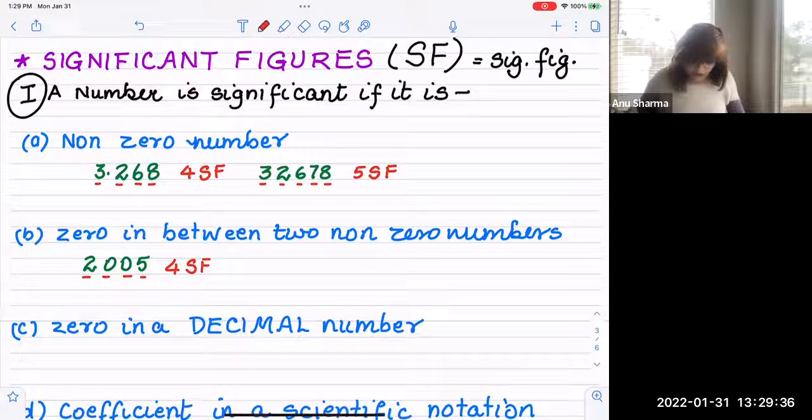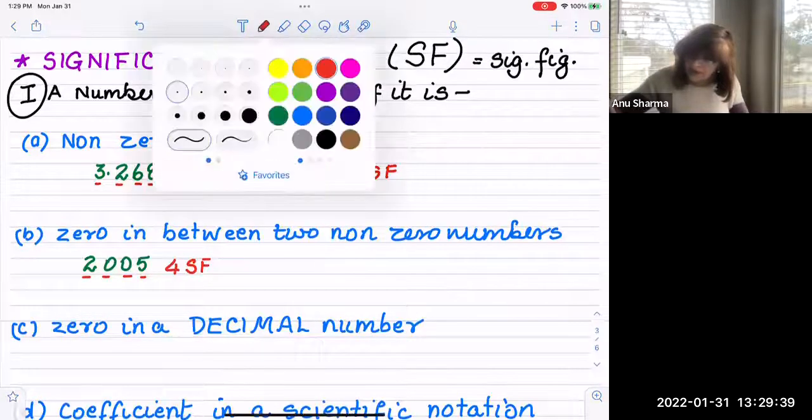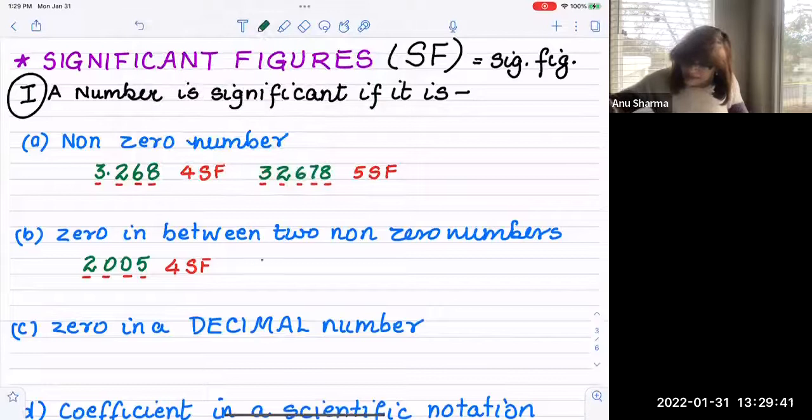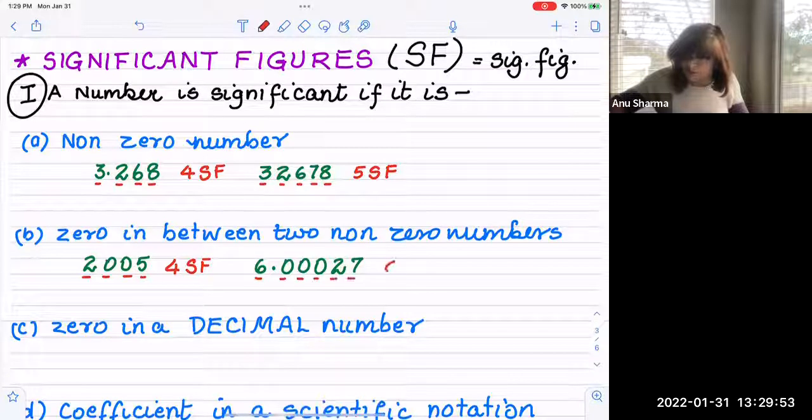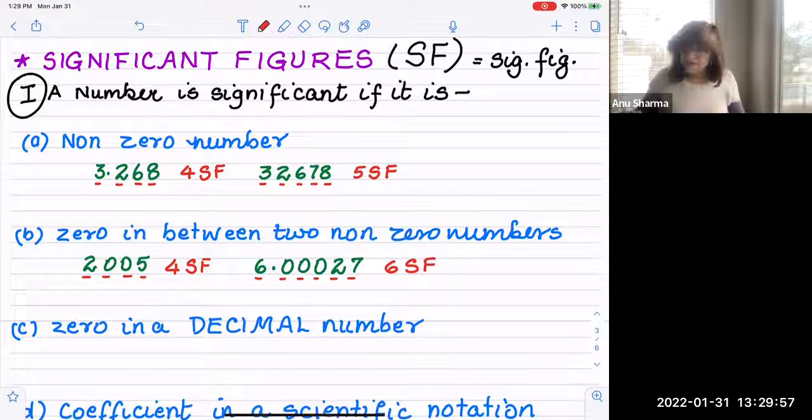They are important. On the other hand, if you have something with a decimal like 6.00027, in that case, all these zeros are important or counted. 1, 2, 3, 4, 5, 6. So there are 6 significant figures. So they are counted. Okay. So a 0 in between two non-zero numbers is counted.